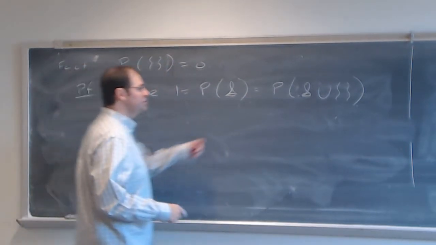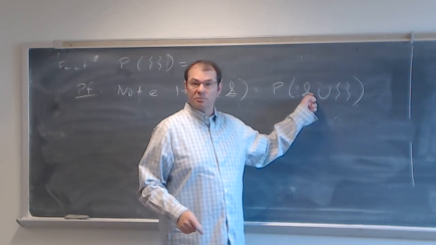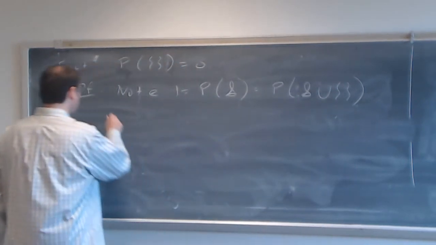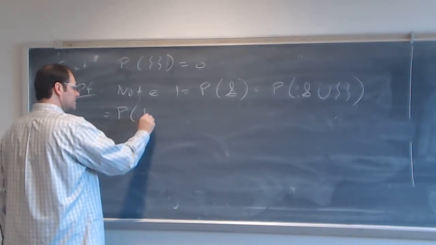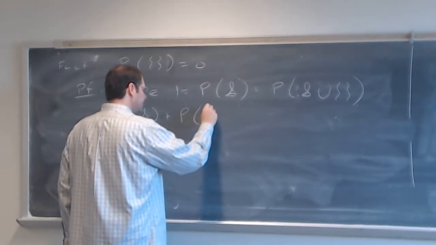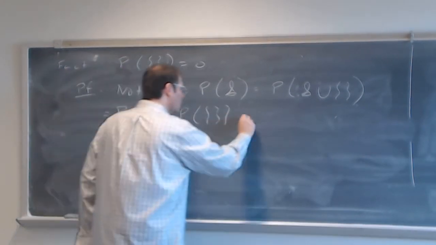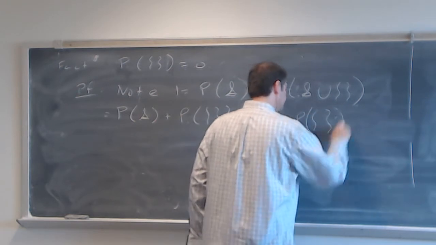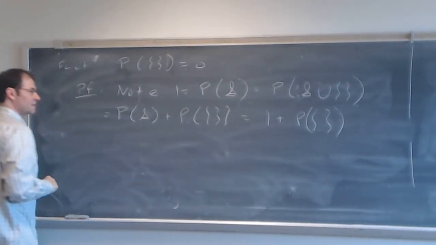Now these two sets, if you intersect, you get the empty set. So what's in common between everything and nothing is nothing. And so since they're mutually exclusive events, by our definition of probability, it's the same thing as the probability of S plus the probability of the empty set, which is equal to 1 plus the probability of the empty set, because the probability of the sample space is 1.